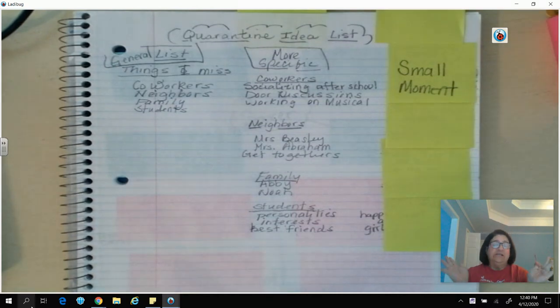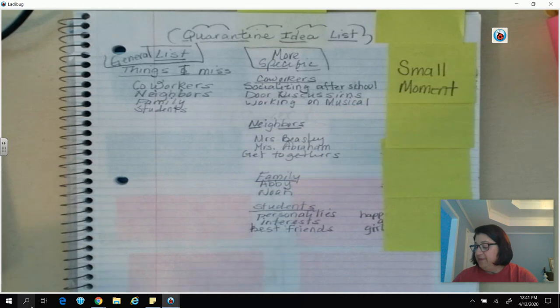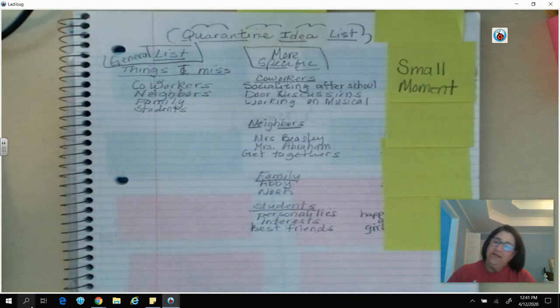Family, I just narrowed way down. I could write about my sister, my brothers, all kinds of stuff, but I narrowed it down to just Abby and Noah because there's plenty of material there. And with my students, I thought about their personalities, their interests, their little friend groups, and things that I've observed this year in 5th grade. But yet, I could get even smaller with that.